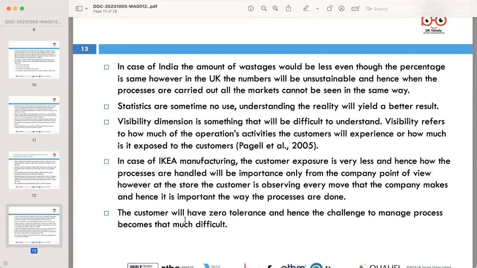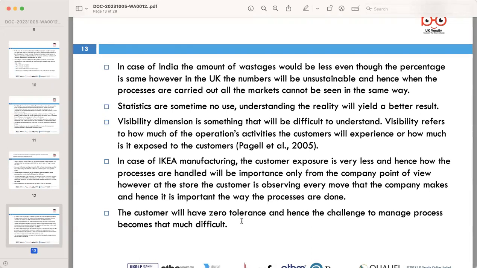The customer will have zero tolerance, and hence the challenge to manage processes becomes that much more difficult. So statistics, while informative, might not always provide a complete picture. Understanding the ground reality and market often yields better results.